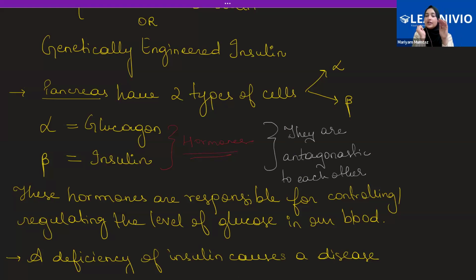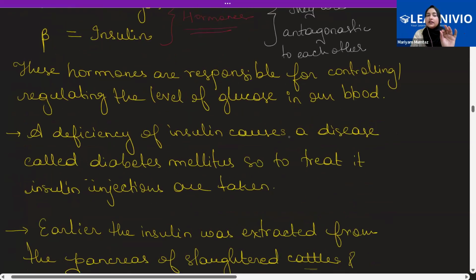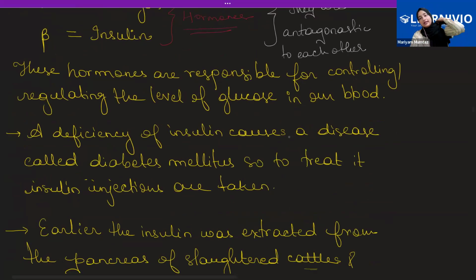Understood? Like if glucagon increases the level of sugar in our blood, insulin lowers the level of sugar in our blood. So that is how they work against each other. But both of them are involved in controlling or regulating the level of glucose, that is sugar, in our body or in our blood.